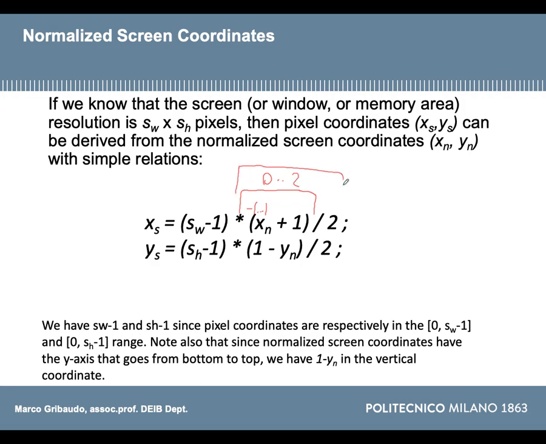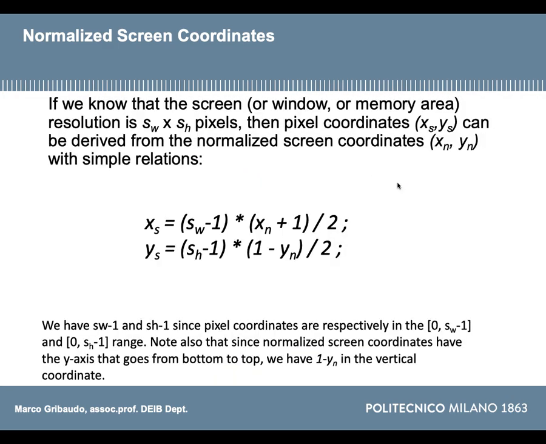When we divide it by 2, the number will go between 0 and 1, and if we multiply it by the number of pixels on the screen, it will go from 0 to the number of pixels horizontally minus 1, which means the hardware coordinate that we've seen last time.